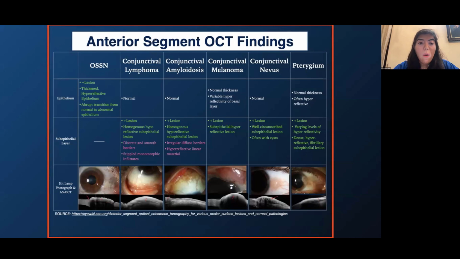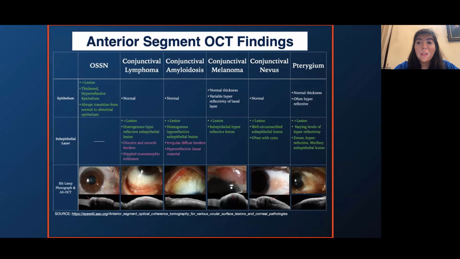Okay, now when we look at the next column after OSSN, conjunctival lymphoma. Conjunctival lymphoma and amyloidosis both are hyporeflective. And 2 ways to distinguish these two are by their borders and their infiltrating material.